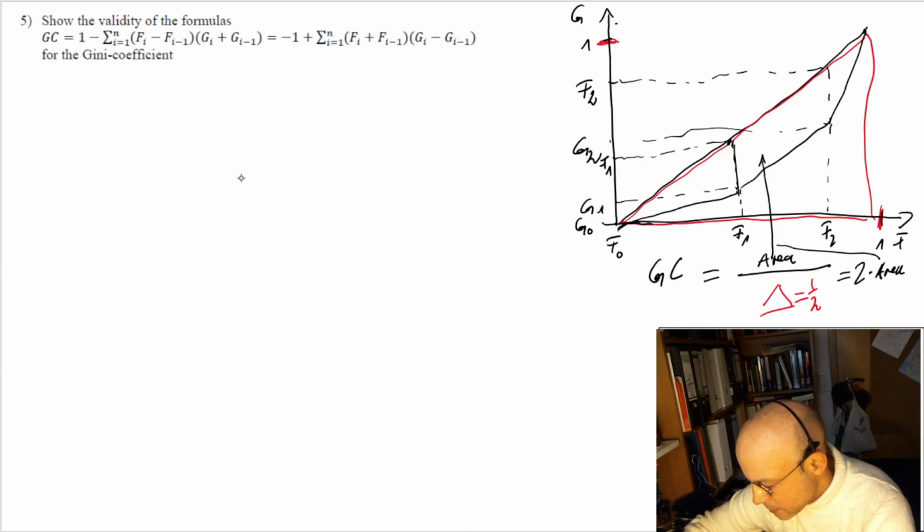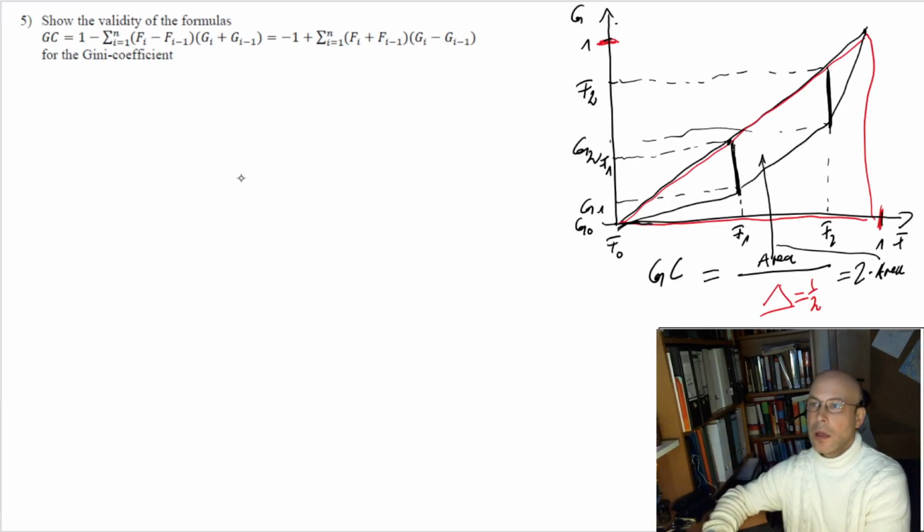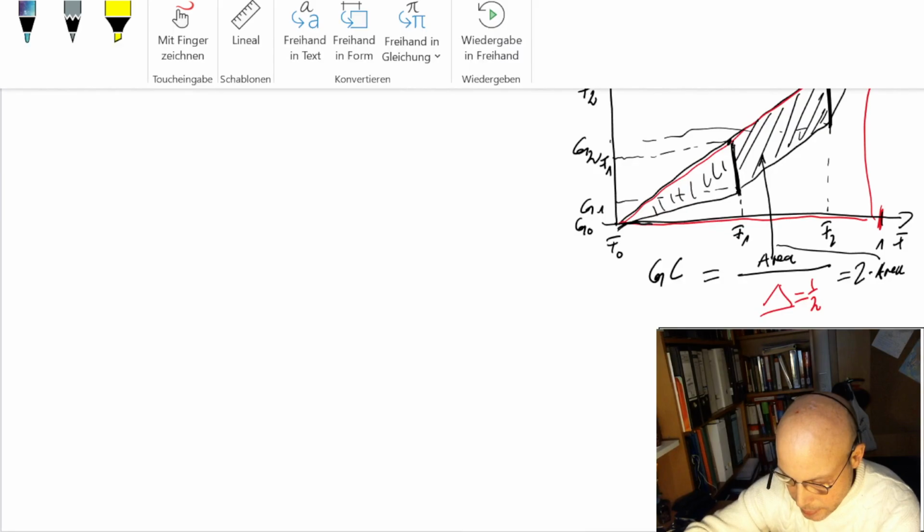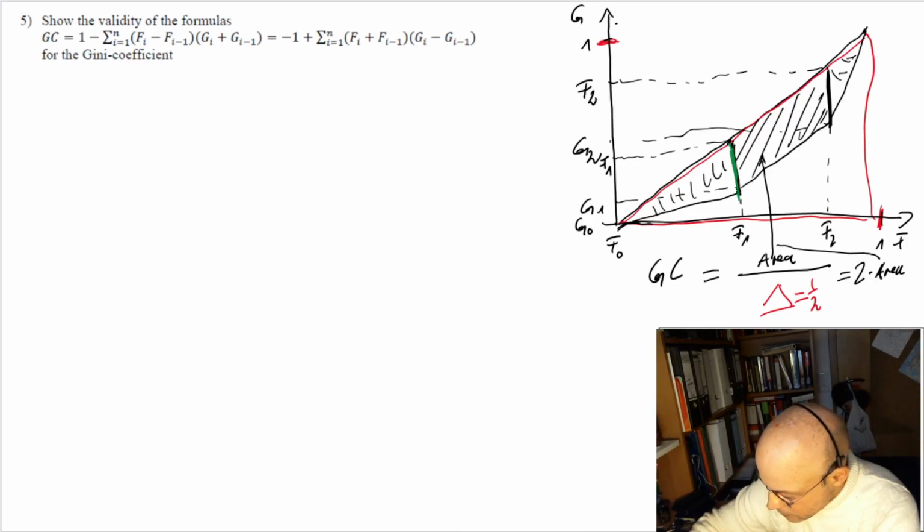Let's have a look at this middle area here. What kind of geometric figure is this? These two, of course, are triangles, but let's take another color, green.